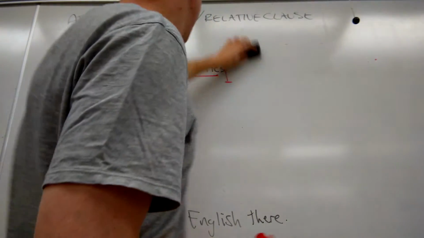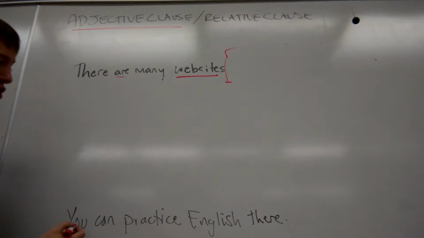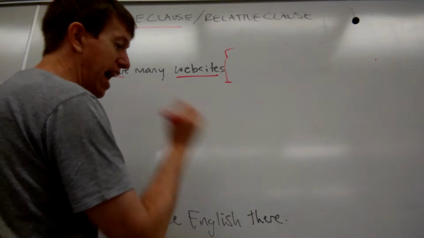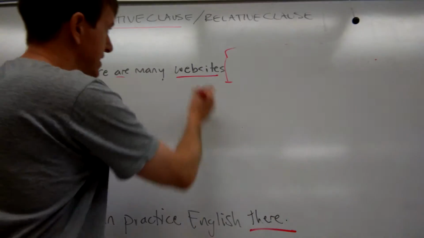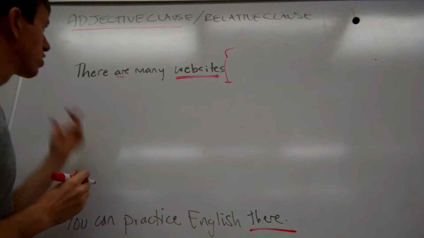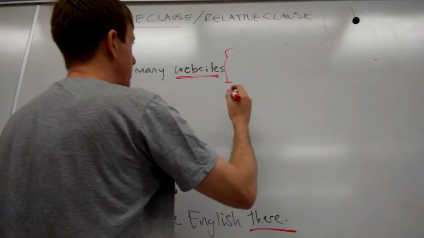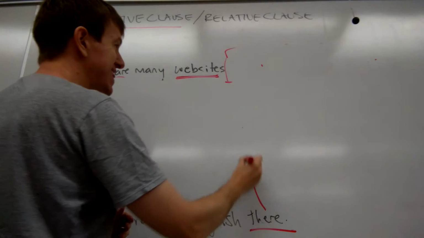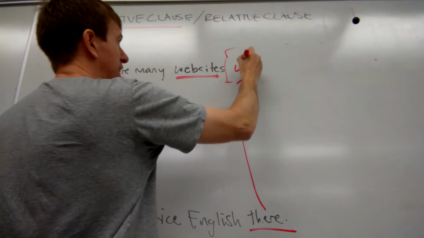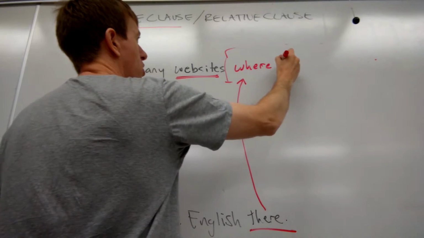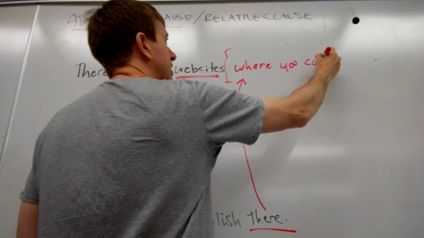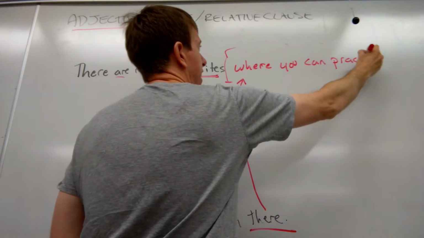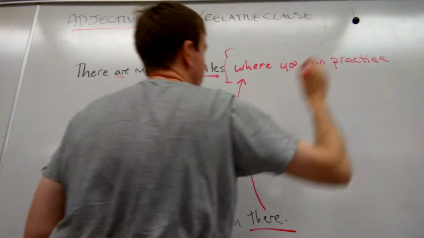Let's look at another one. Let's say I want to say you can practice English there. The there is here at the websites. So there are many websites you can practice there. If you want there, it's going to change to where. So where you can practice English is fine.